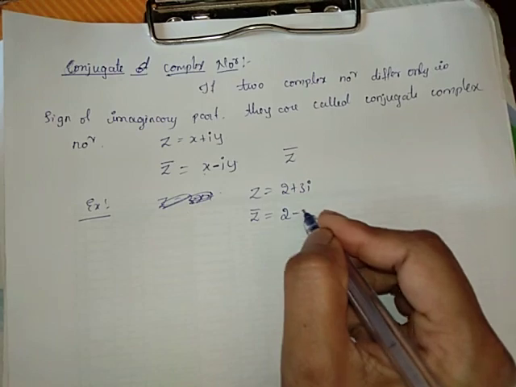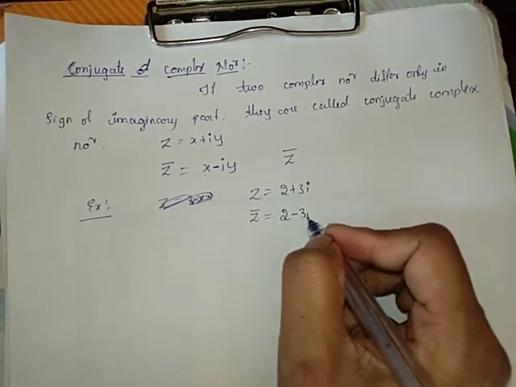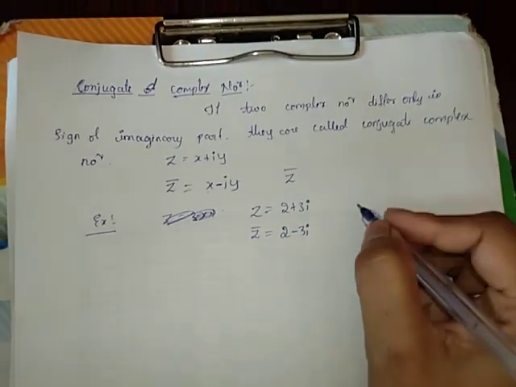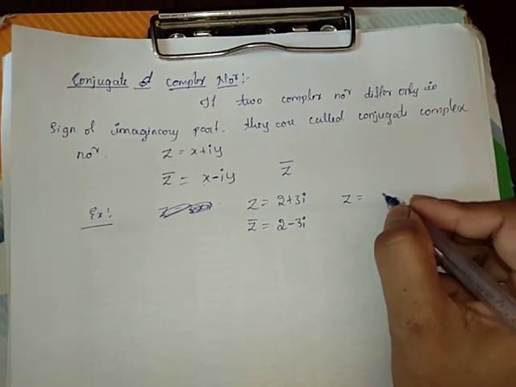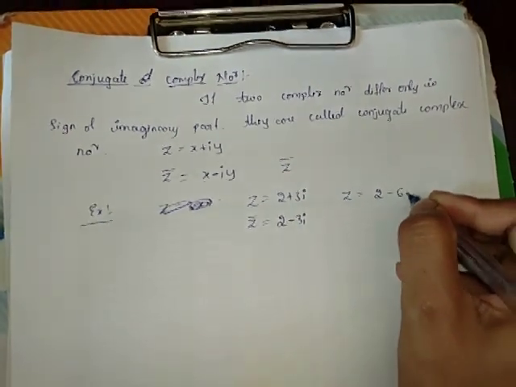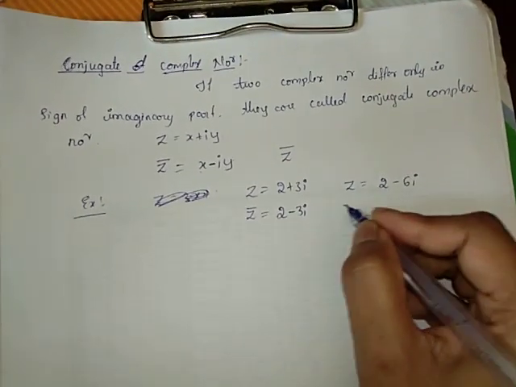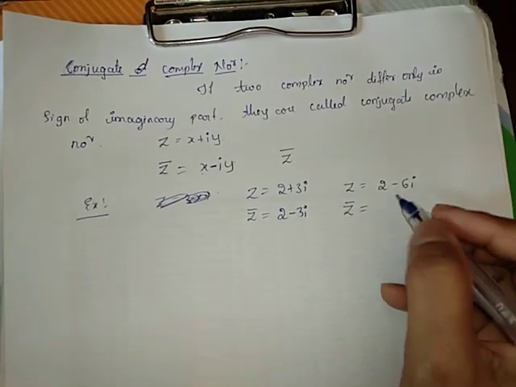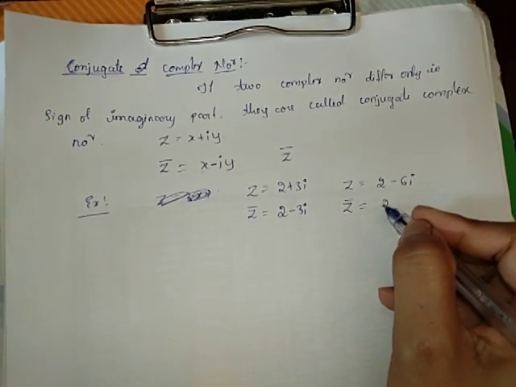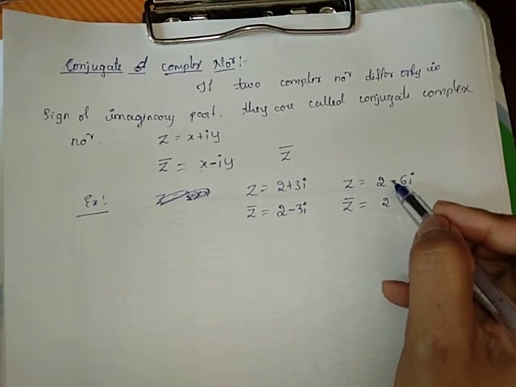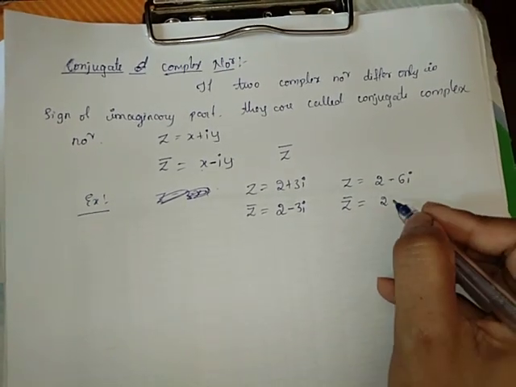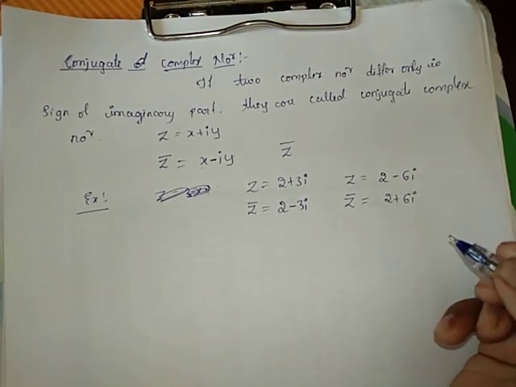If it is plus, take it as minus. Suppose we have z equal to 2 minus 6i, then the conjugate of z equal to 2 plus 6i. Keep the sign of x as it is. If it is minus, take a plus 6i.